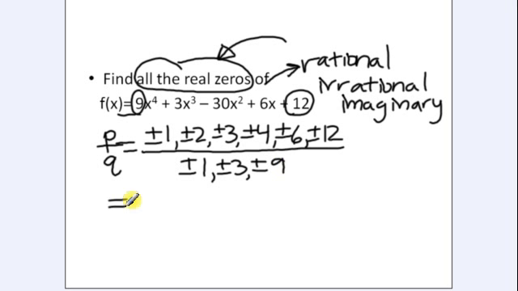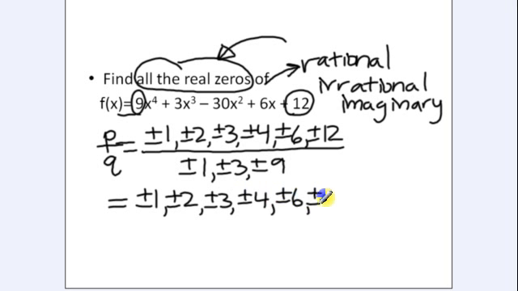As I go through and list them, each of them divided by 1, I have positive and negative 1, 2, 3, 4, 6, and 12. Then I'll go through and divide them each by 3.